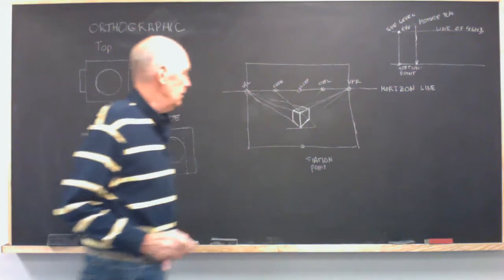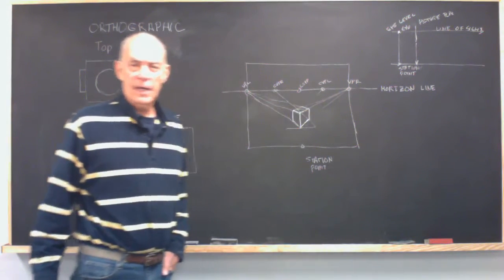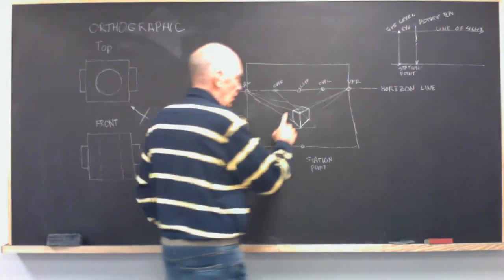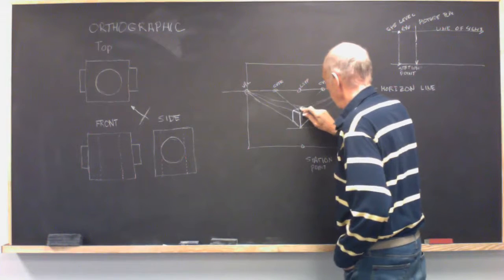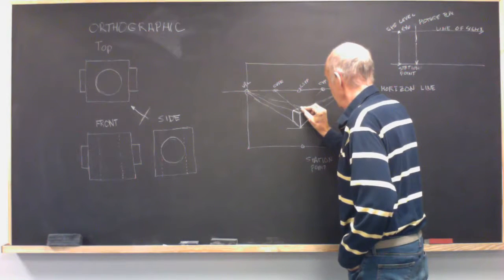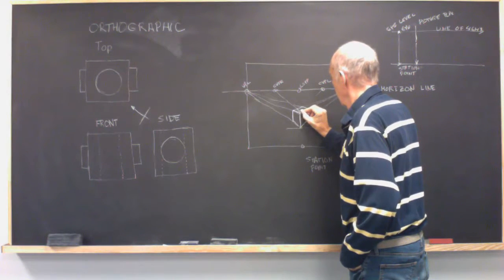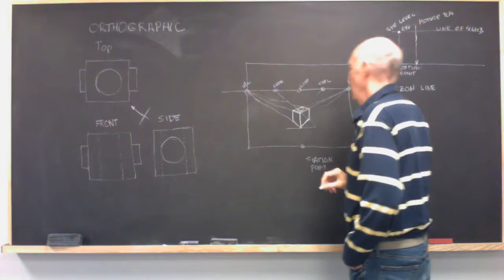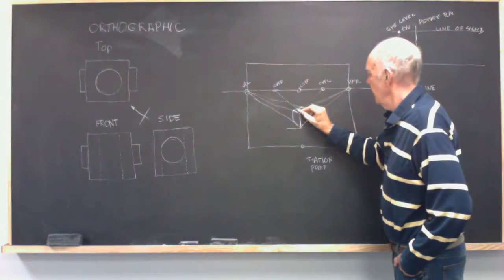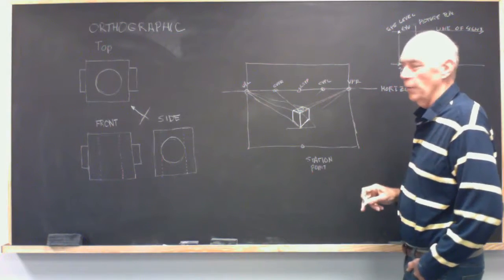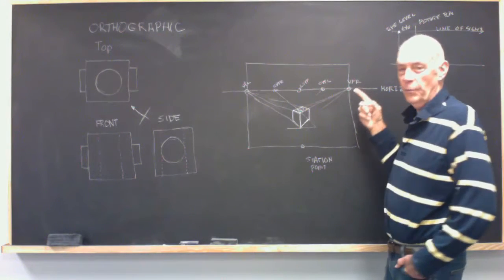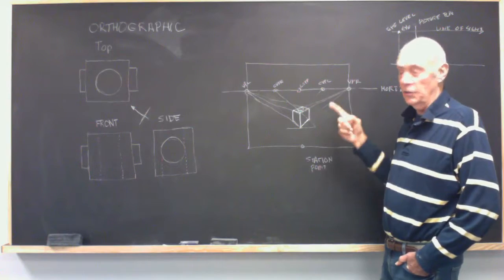Now, here's a mistake that a lot of students make when they have something that looks like this. They try to put the circle in the side here like this. Well, what's wrong with that is that the major axis of the ellipse is actually going back to this vanishing point, and you don't use this vanishing point over here unless you're drawing the cylinder on its side.